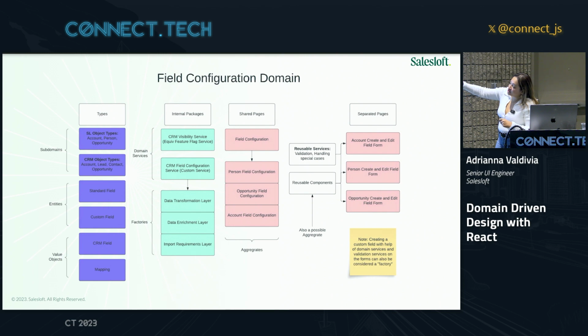The field configuration is what holds the pages that I showed earlier on the UI for the different subdomains: person, opportunity, and account. This one component, field configuration, holds all these pages in one, and they're clustered together because it's unnecessary to create different ones.